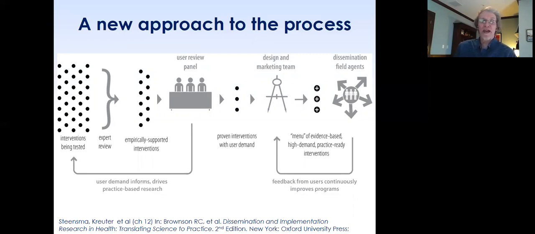And you've got the panel who's helping us decide what's appropriate, what the timing is, how do we design it in a way that the users can do it. And then you hand that off to a design and marketing team. They tailor it in the right way. And then it moves toward dissemination and the concept of field agents over on the right, which links back to the old idea of agricultural field agents, which is a core element of diffusion theory that Ed Rogers originated back in the 1960s.